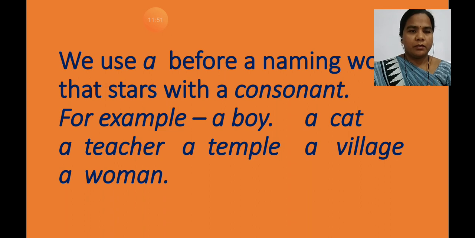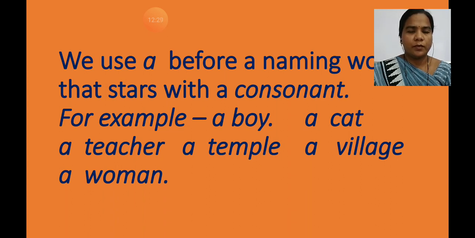A temple. The temple word starts with T, consonant sound. So we will use a. Next one, a village. Village starts with V, consonant sound. So we will use a village. Then last one, woman. W is a consonant sound.